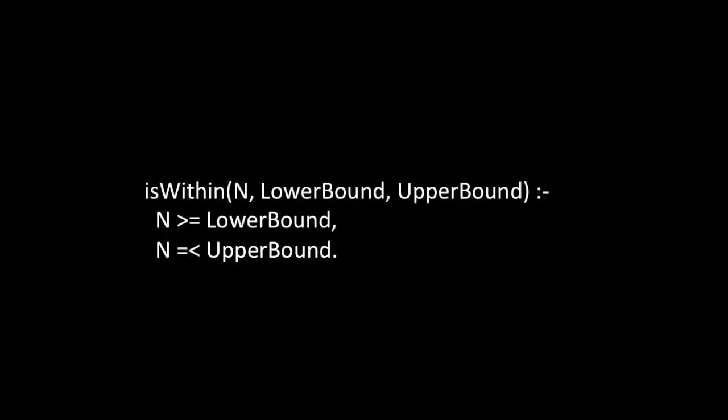That comma after the symbol lower bound means and. In other words, is within of n lower bound upper bound is true if n is greater than or equal to lower bound and n is less than or equal to upper bound.